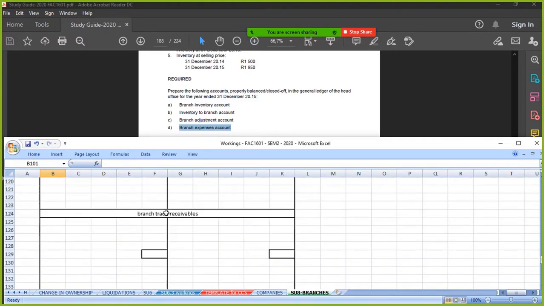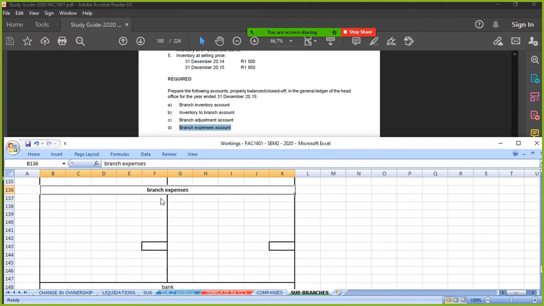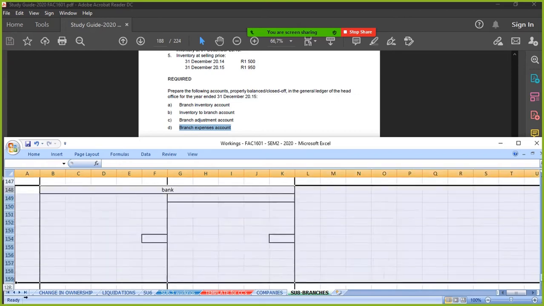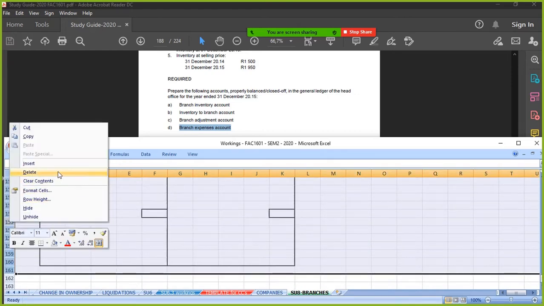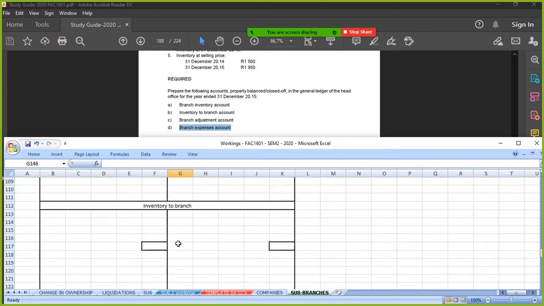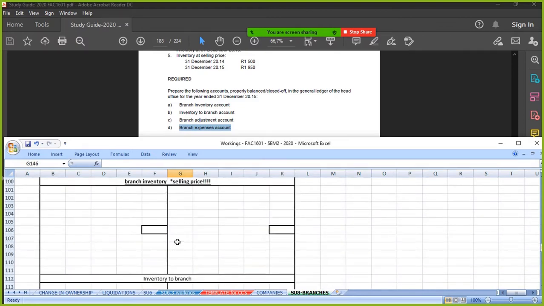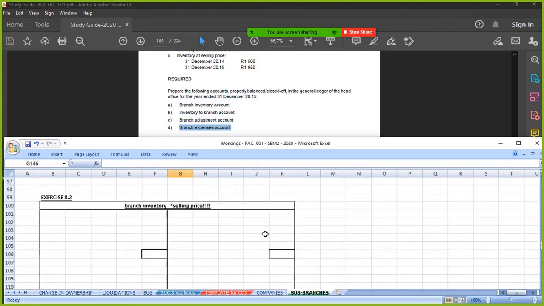Branch adjustments. And branch expenses. That's it. Okay, so no bank in this one. Delete. Okay, that's it. Those are the T accounts we need to do for exercise 8.2.